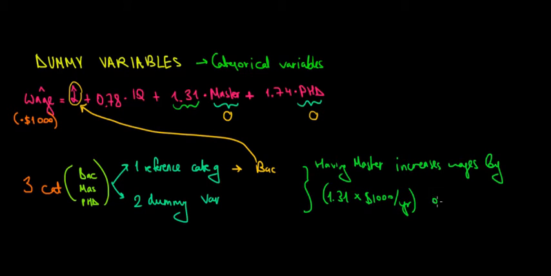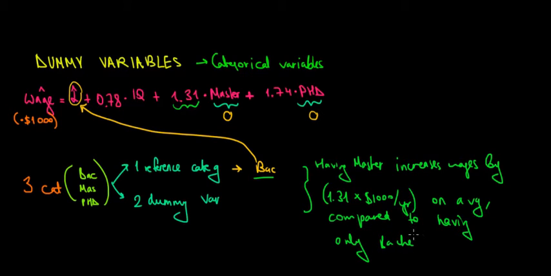Remember, this happens on average, compared to the reference category, compared to having only a bachelor degree. And to be even more specific, we're going to add the words keeping all else equal, keeping all other variables equal, and in our case the other variable is the IQ.